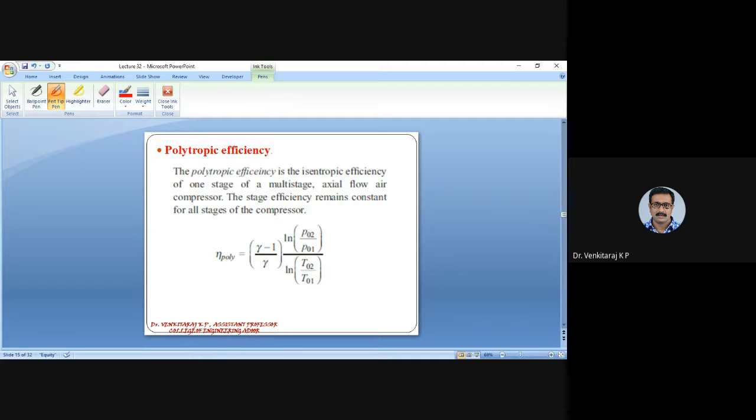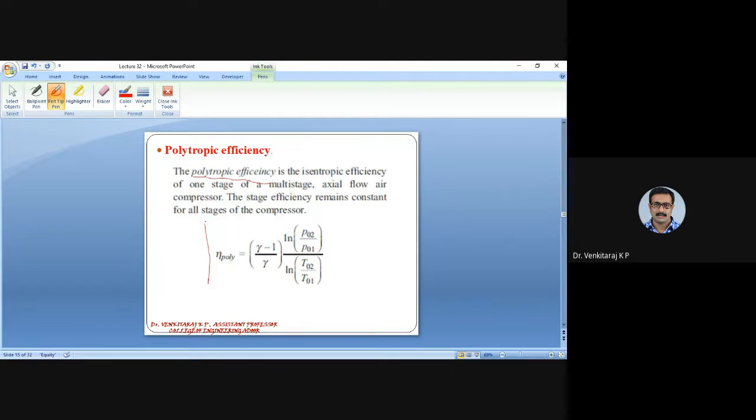For each stage you can define an efficiency, and that efficiency is known as polytropic efficiency. So the polytropic efficiency means the isentropic efficiency of one stage of a multi-stage compressor. That is what we mean by polytropic efficiency, and you can have this relation in the derivation.